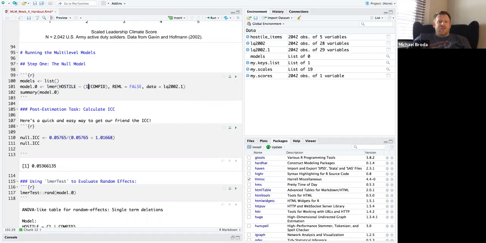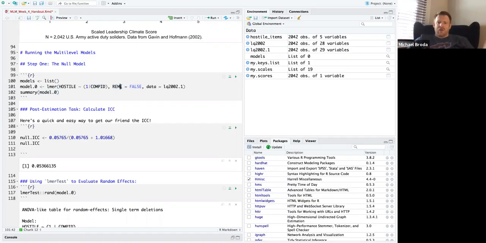I have in parentheses the number 1, which denotes that this is an intercept, and then the pipe operator, straight up and down, and then comp ID, which is the name of the clustering variable. Okay, so I also have REML equal to false here because we're going to be comparing models. If you're doing model comparison, it's actually better to use maximum likelihood and not restricted maximum likelihood.